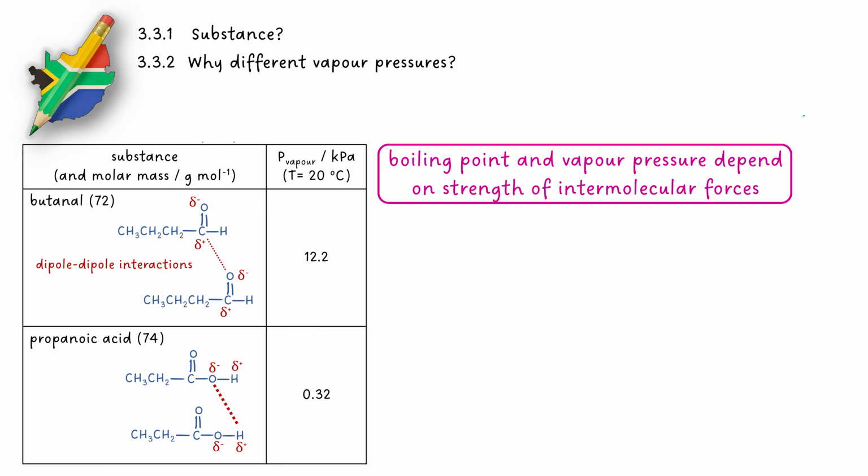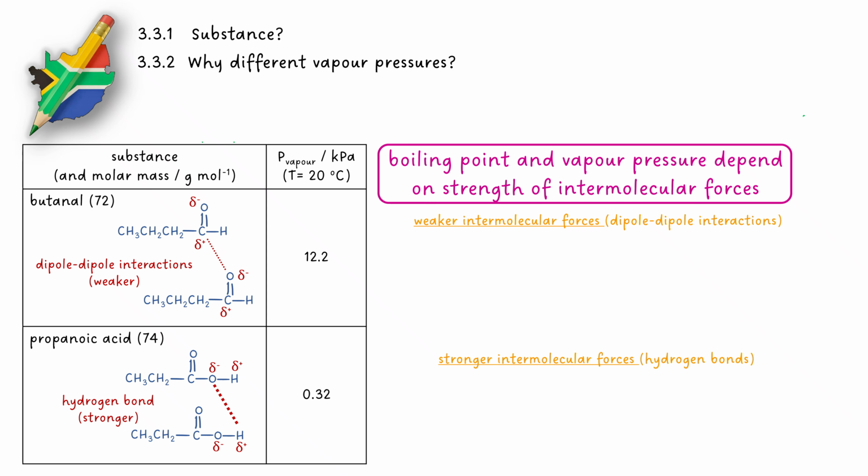A delta negative oxygen on one propanoic acid molecule is attracted to the delta positive hydrogen on an adjacent molecule. This force of attraction is a hydrogen bond, since the highly electronegative atom is bonded to a hydrogen specifically. Now dipole-dipole forces are weaker and hydrogen bonds are stronger.